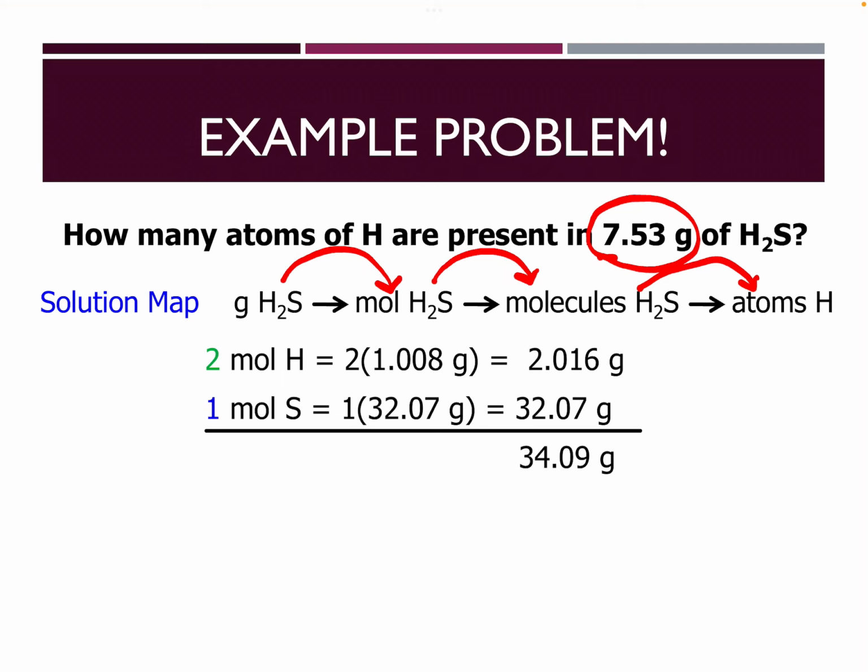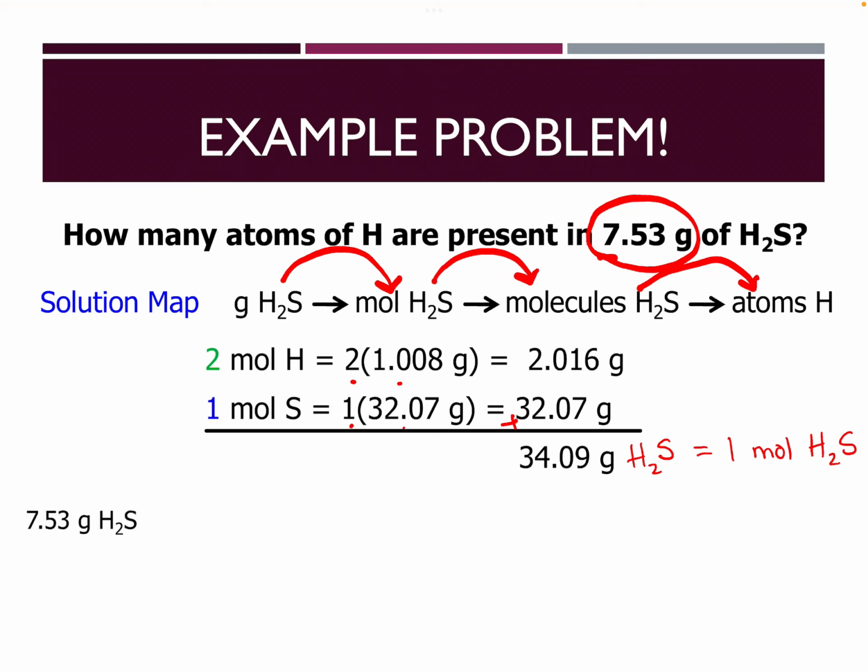So we'll go ahead and find the molar mass of H2S. We'll do 2 times the mass of hydrogen, 1 times the mass of sulfur, and then add up those values to get the molar mass of H2S. Remember, that is going to equal 1 mole of H2S, which is why it's called the molar mass.